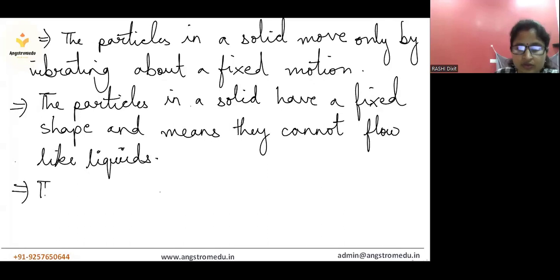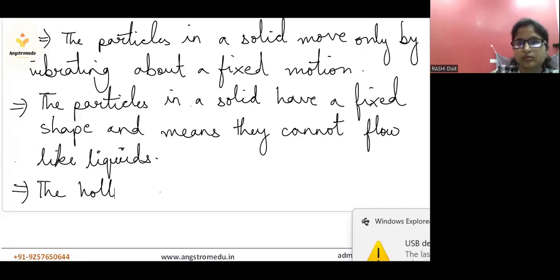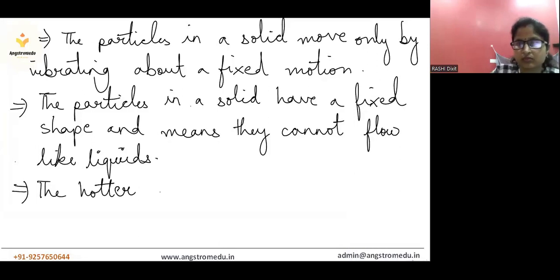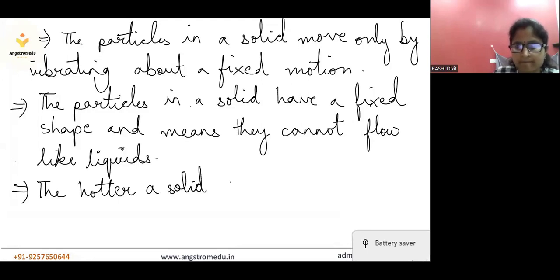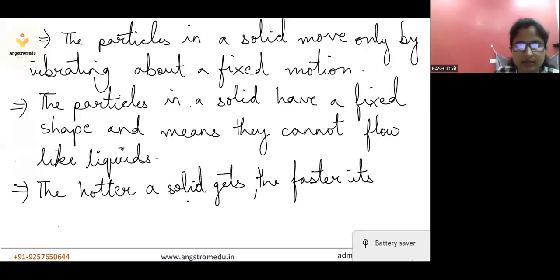And you should know that the hotter a solid gets, the faster its particles vibrate.